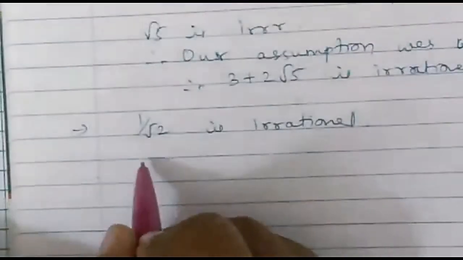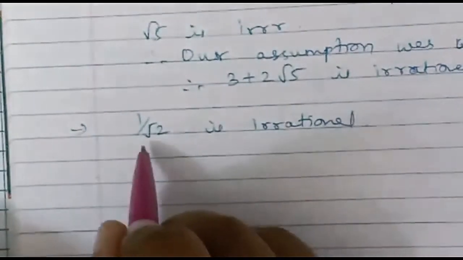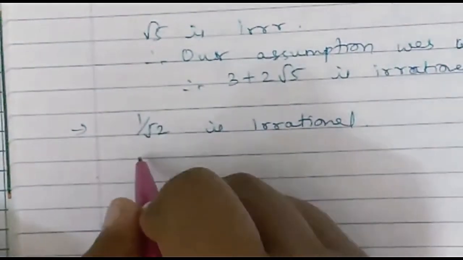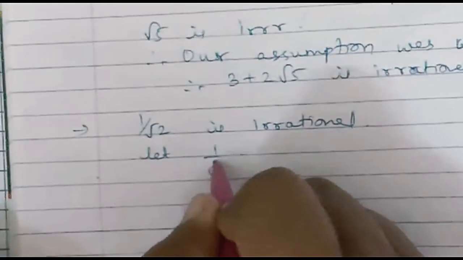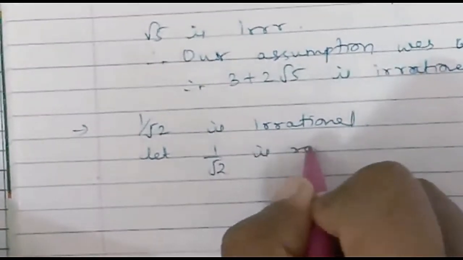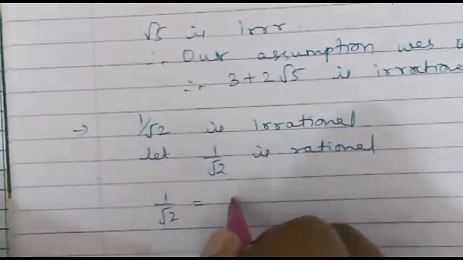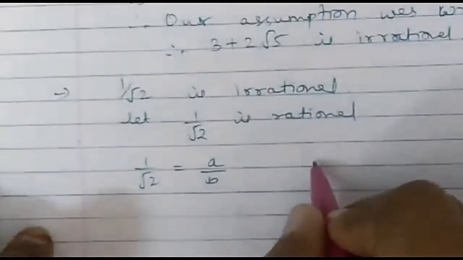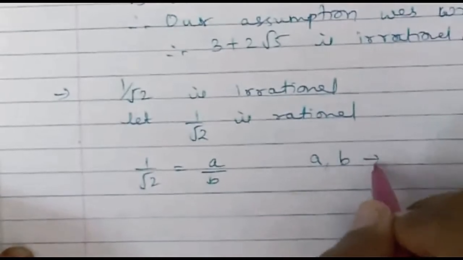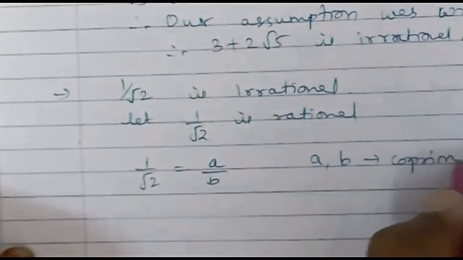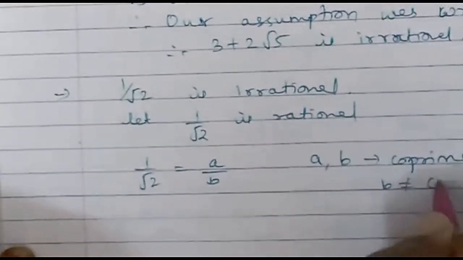In this way we can prove many more results. We need to prove 1 upon root 2 is irrational. So let us again take that 1 upon root 2 is a rational number, right? If it is a rational number, it can again be expressed in the form a upon b. Again the same thing, a and b are co-primes, and b is not equal to 0.